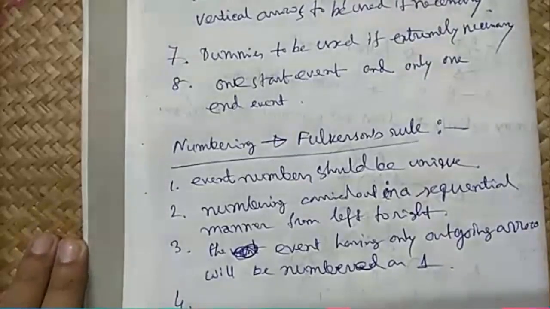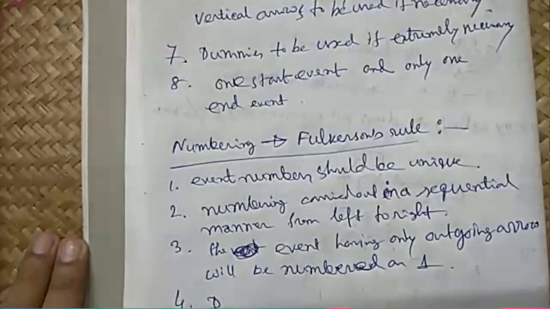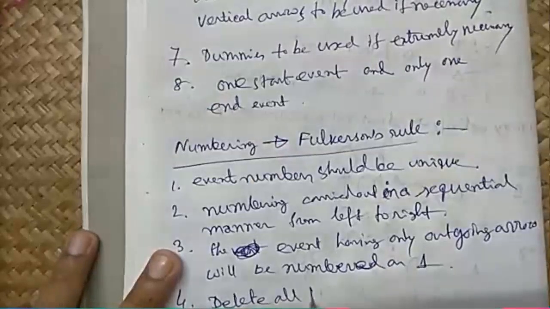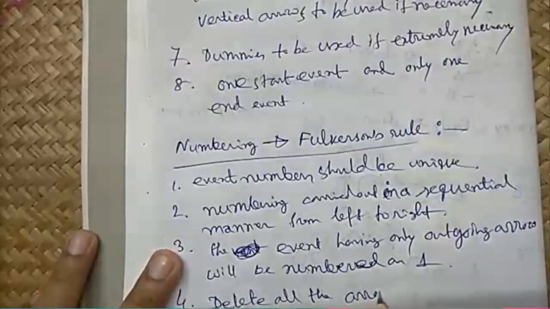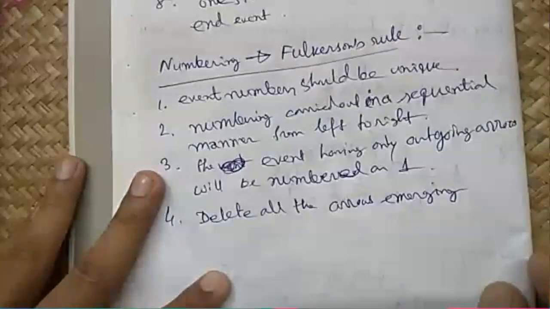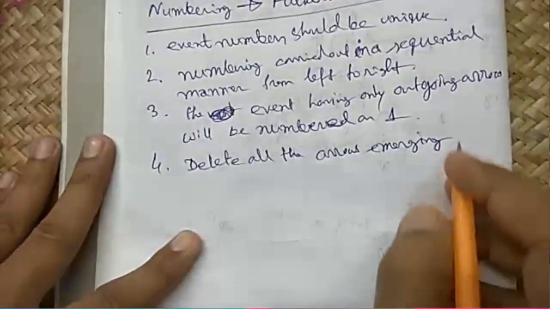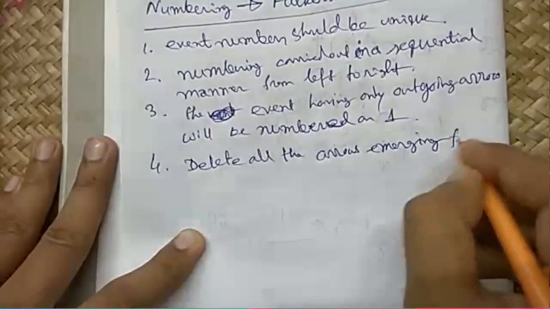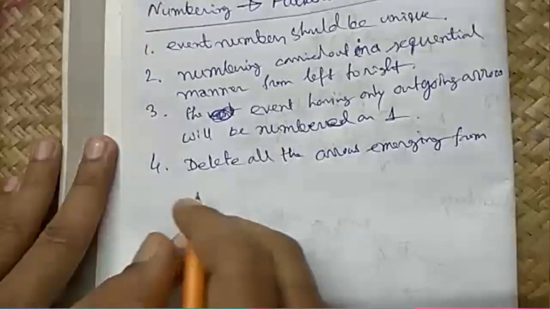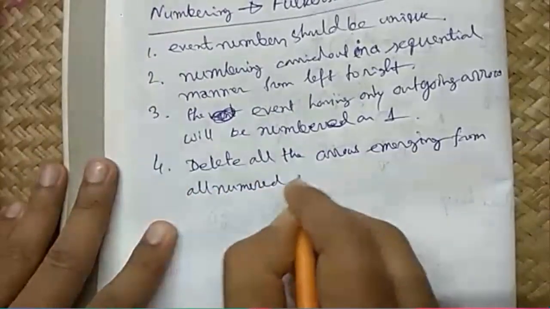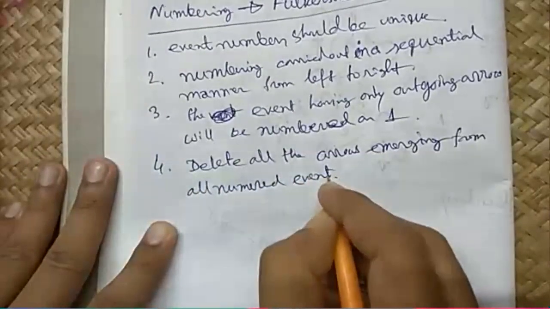Now, at any point in the network in between, the procedure is to delete all the arrows emerging from all numbered events.